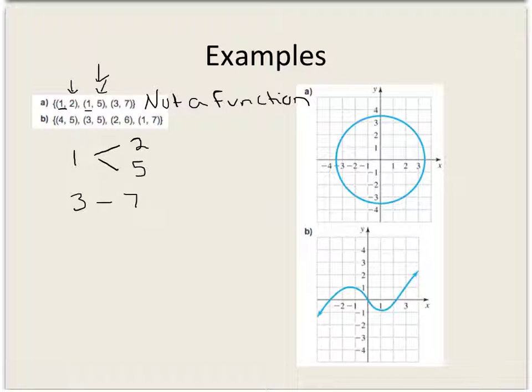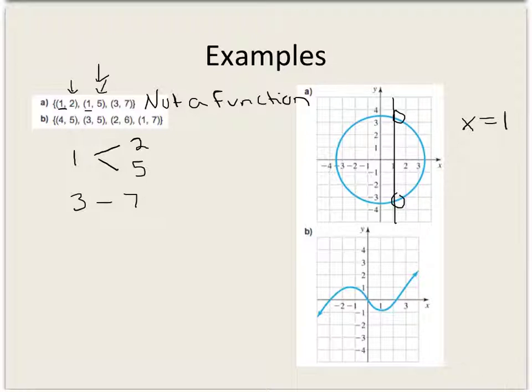Graphing makes it easy. If you look at a graph, it's easy to tell if it's a function or not based on what's called the vertical line test. I'm going to draw a vertical line at x equals 1. So that vertical line is the input of 1. I plugged 1 into the function, that's my x, and if you look, I have two y's.